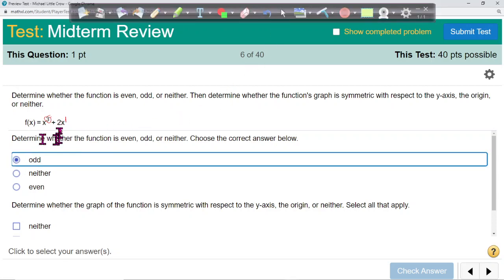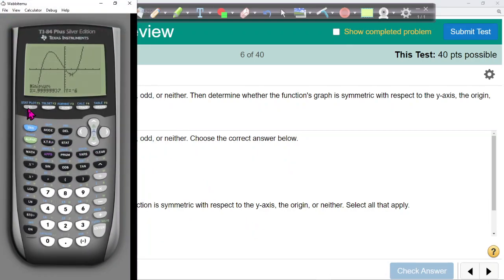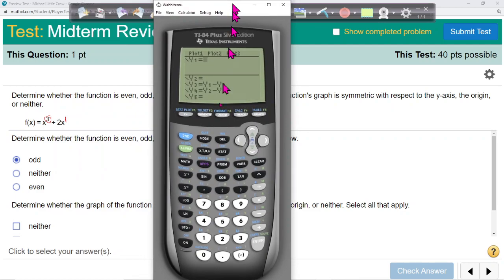Now, another definition is you look at the symmetries. So I'll do a quick graph of this, and we could probably leave this window as is. Again, I want to give multiple ways. If you're good with this, you can fast forward through this if you like. Odd functions need to have what I call spinor symmetry, symmetry around the origin.